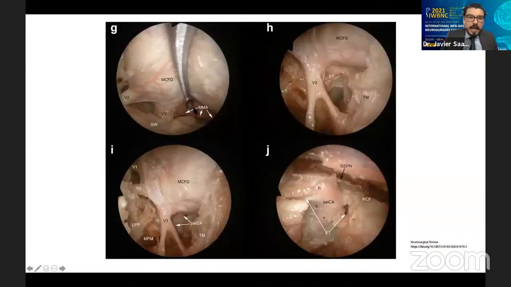And if you keep your dissection extradurally, just above the greater wing of the sphenoid, you have this view. You can drill the bone and have access to the whole trajectory of the mandibular nerve. This is the Eustachian tube. If you cut the tube, you will have access to the intrapetrous carotid artery. This is the horizontal portion of the intrapetrous carotid artery, and this is the vertical portion. So you're very near very dangerous structures, but you can actually see them in surgery.